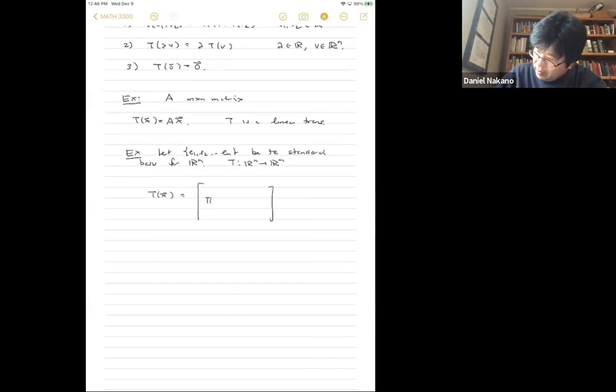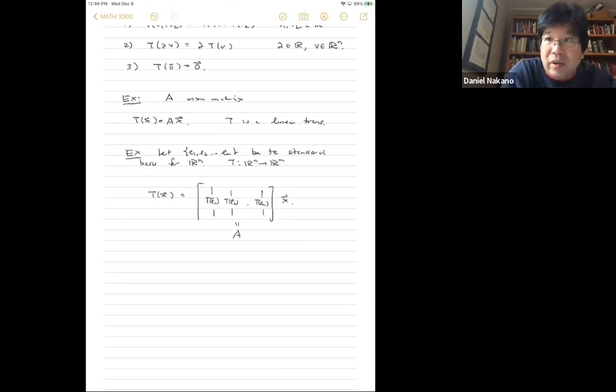It's just T on the vector E1, and then I put it down the column, T on E2, and I put this down the column, and T of En, and I put that down the column, times X. So I can write it as A times X, where A is this matrix over here. So I can represent T as A times X by just doing this.